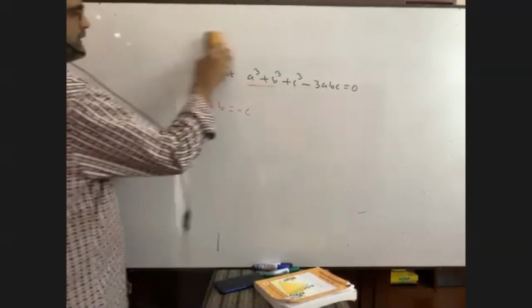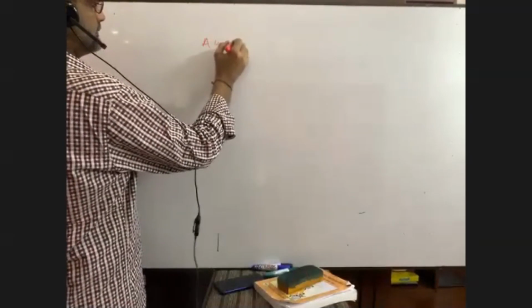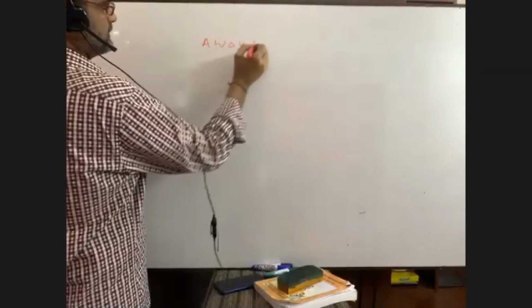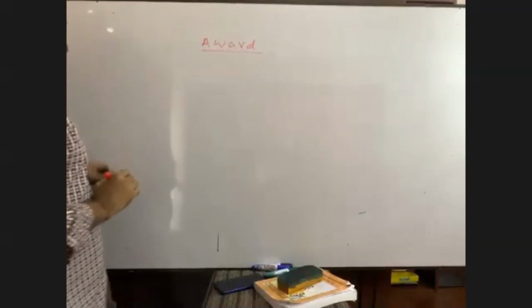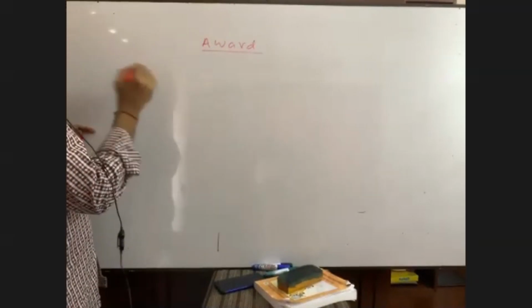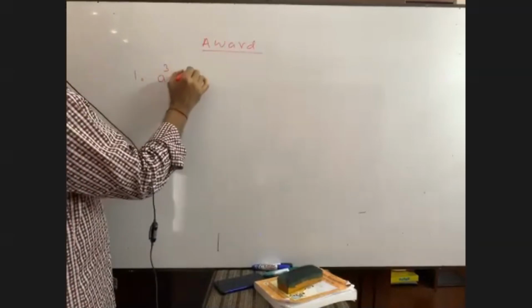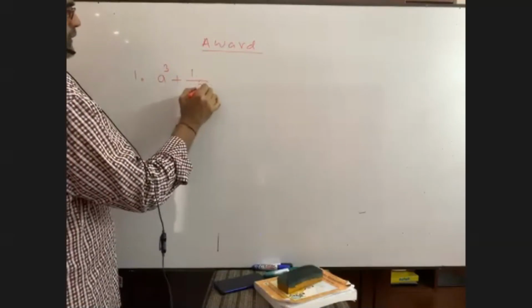Okay. Now a math will be given with award. Number 1, factorization. a cube plus 1 by a cube plus 2.